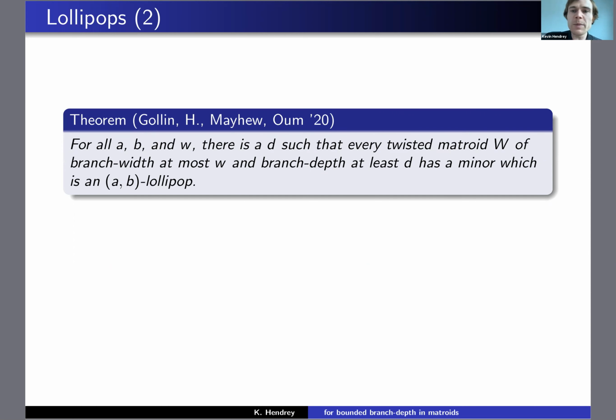But an AB lollipop contains an induced subpath of length A. So if A is very big, then an AB lollipop already contains a large fan as a minor.